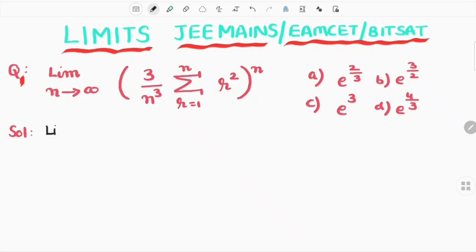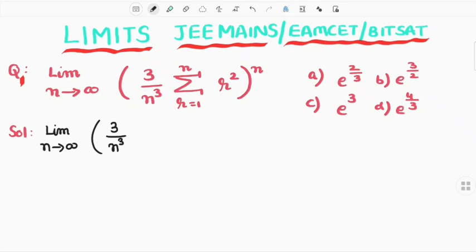Limit n tends to infinity, 3 by n cube, sigma r is equal to 1 to n r square. Substituting r is equal to 1, 2, 3 and so on up to n, you will get 1 square plus 2 square plus 3 square and so on up to n square.